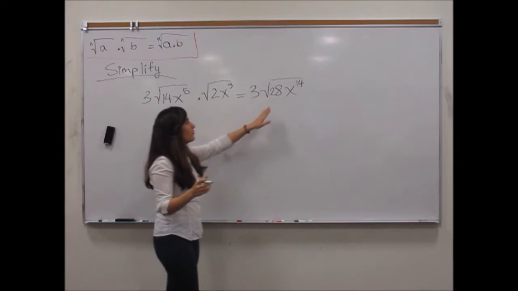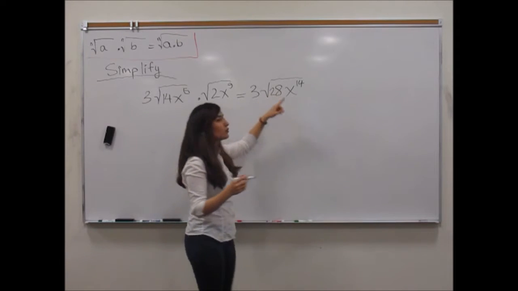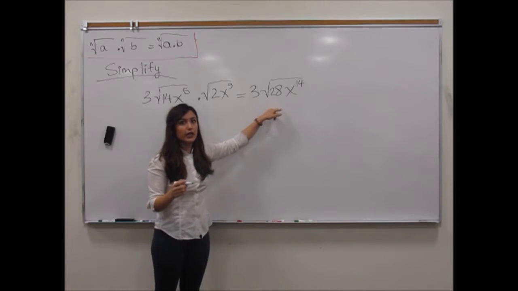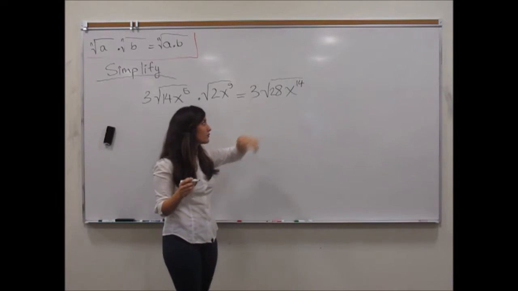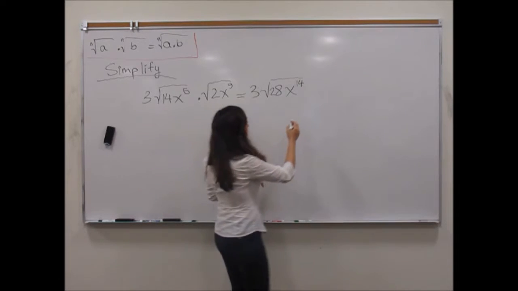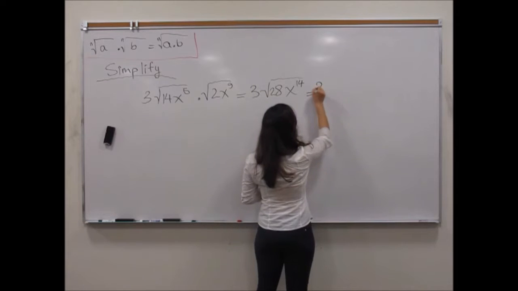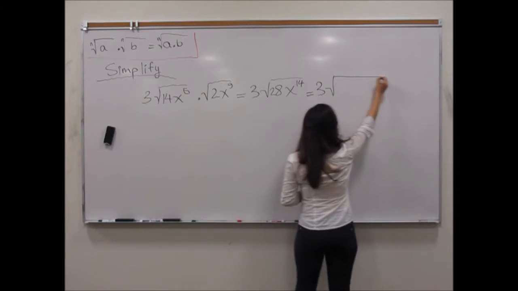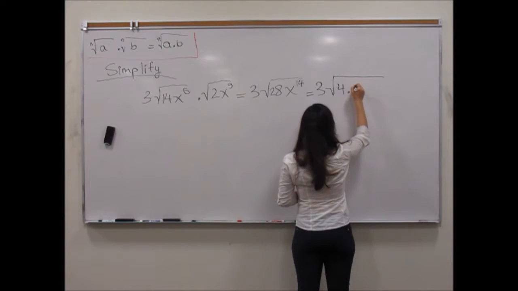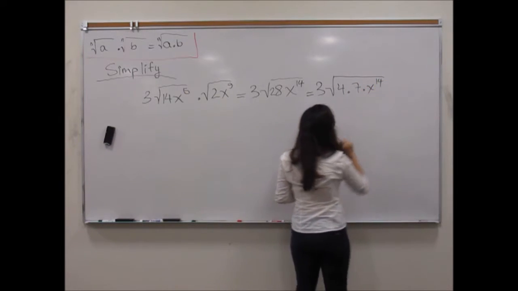For 28, this is a square root, so I have to find the perfect square in 28, and the perfect square in 28 is 4. When I divide 28 by 4, I get 7. I can write it as 4 times 7. So I keep the 3. This is 4 times 7 times x to the 14th.